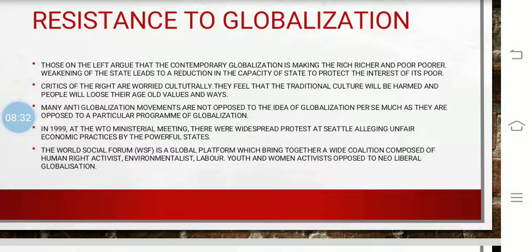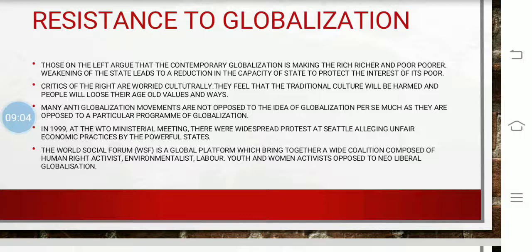Because of them, the rich are getting richer and the poor poorer. And they have also focused on the state's capacity. As I've already mentioned, the state capacity has been minimalized. Earlier they worked for the welfare. Now they are not working for the welfare. They just want money. Whatever money was invested in the welfare is now being invested in the growth of the industries.